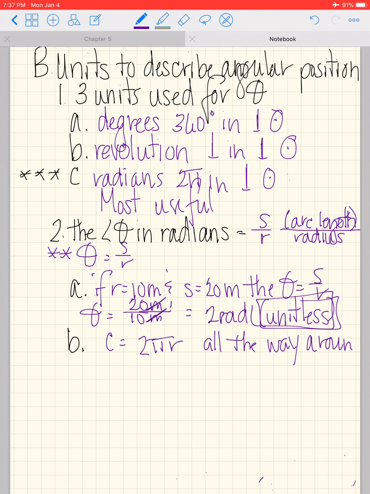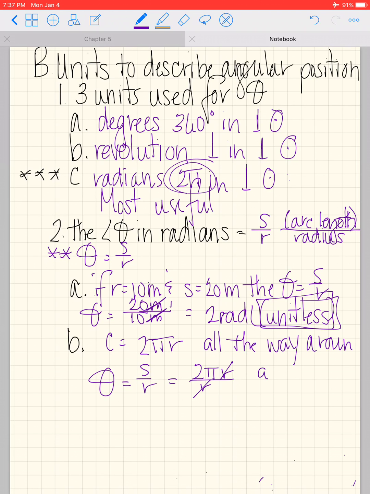We said that the whole circle is 2 pi, so let's see how we got that. Theta is equal to S over R. All the way around the circle is my S, so I've gone all the way around the circle, so I've gone 2 pi r, my circumference, all over my radius. Look what happens to my radius. It cancels out.